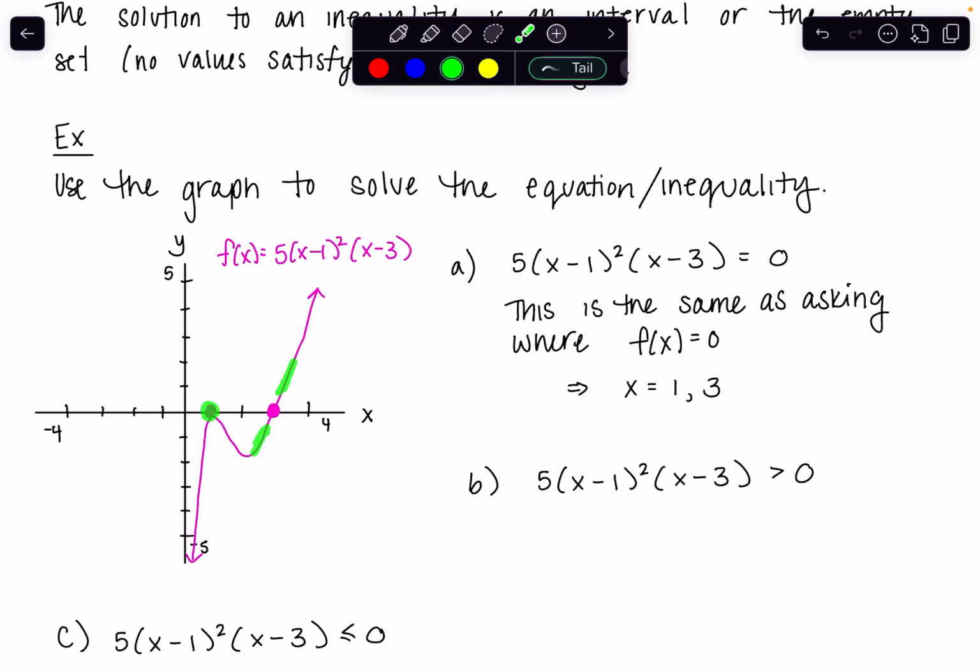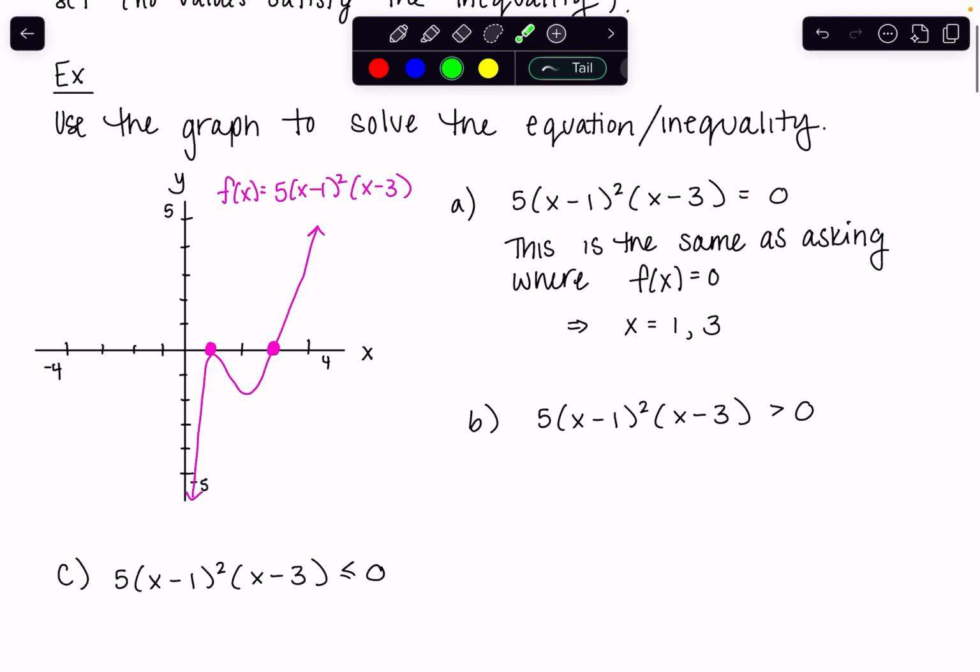Same thing here: if it didn't have that even multiplicity, there could be a chance that the function went from negative to positive or vice versa. So these values where the function equals 0 are super important for us. But since I have the graph, I don't have to worry about solving this analytically.